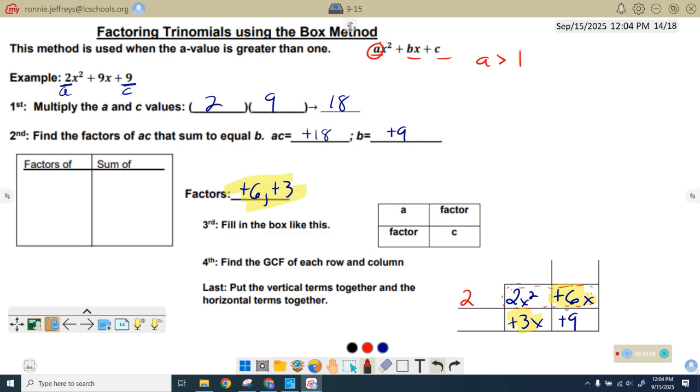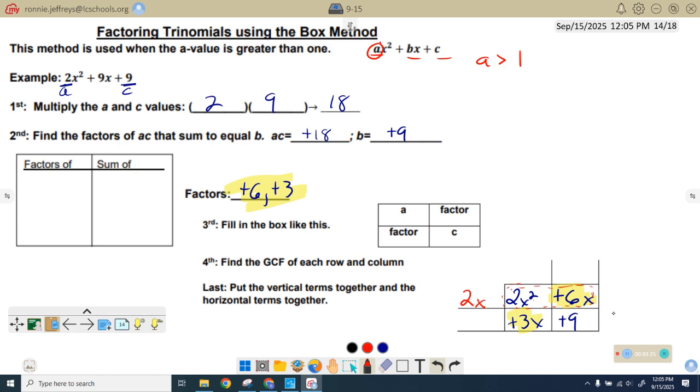Now, with our variables, if they're the same variable, it's always the lowest exponent, the lowest power. It works out that way. I don't know why. So we have x squared and x to the first. Which one is the smallest? x.